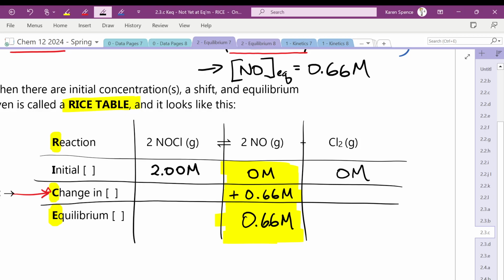Now I'd like you to think, don't write this down, are we going to put a plus or a minus sign for the NOCl? Are we going to put a plus or a minus sign for the Cl2? Tell your partner.